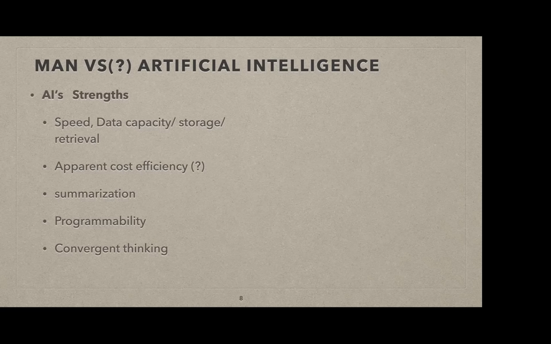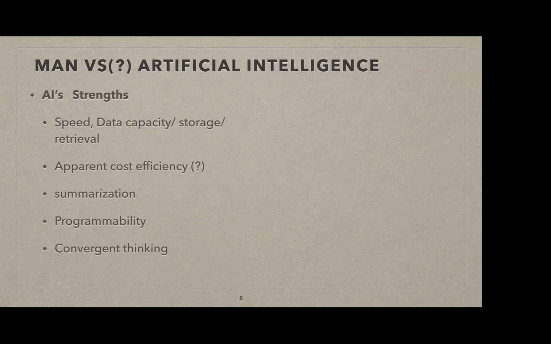Summarization, meaning you take huge bodies of information, throw it into ChatGPT, and there's a good written summary of it that you can read at your leisure, because it will be leisurely compared to the way the AI did it.